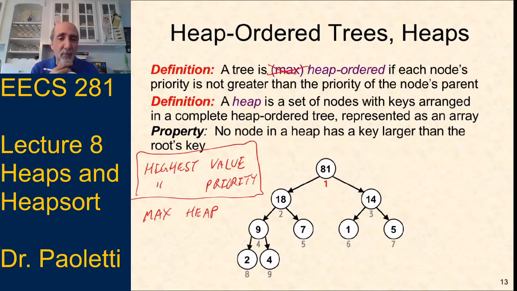No node has a higher priority than its parent. Now if we did this differently, we could make it a min heap where lowest value is highest priority, and then the root of the tree would have to be 1. But still, no one would have a higher priority than their parent, higher priority meaning lower value.